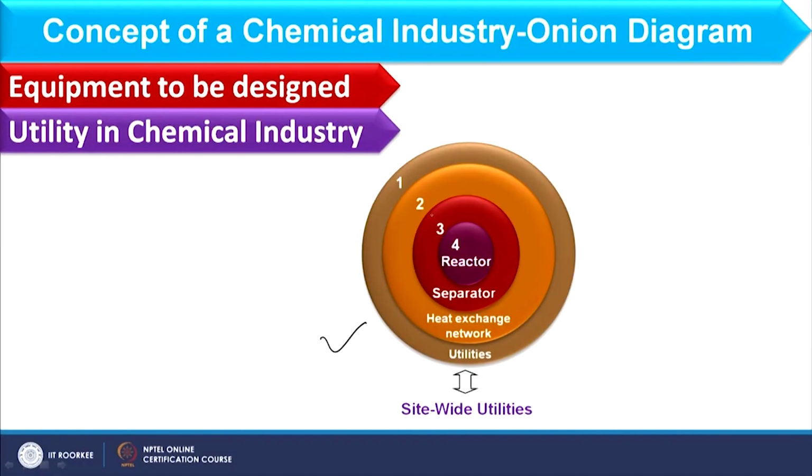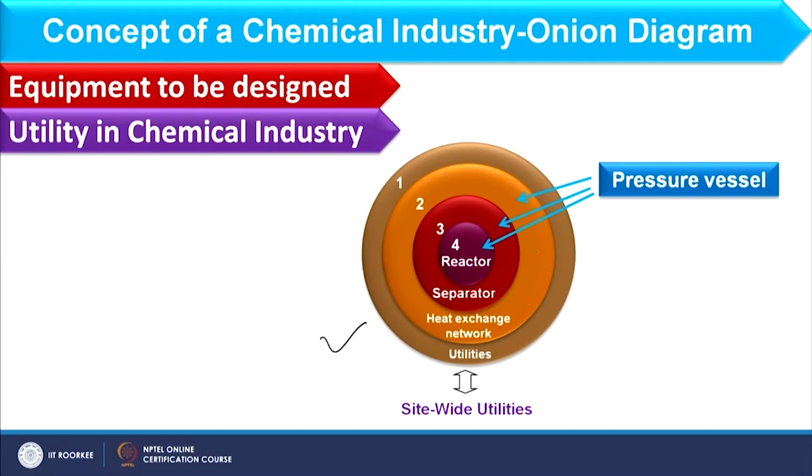Here you see different layers I have already discussed, and as I need to design the pressure vessel, through this pressure vessel we can design reactors, separators, and heat exchangers. This is the main motive of this course, that once you study this course you can contribute in these 3 layers of the onion diagram.